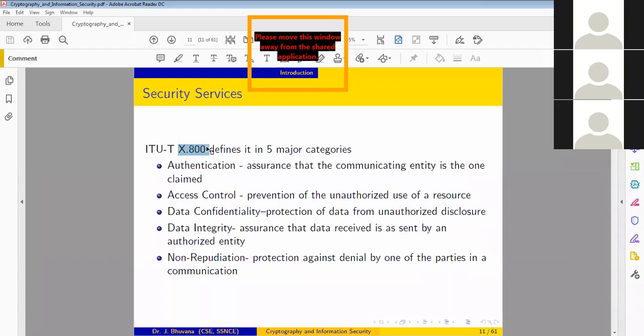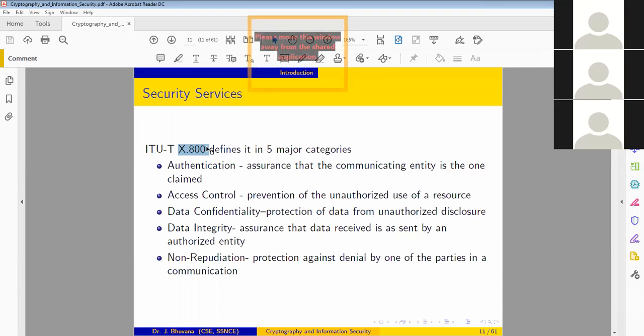And integrity is, if I send you a message, it has to reach you in the same form. It should reach the receiver intact. Otherwise, if something happens to the communication during transmission, the recipient will not receive the message in the same form as it was sent by the sender.